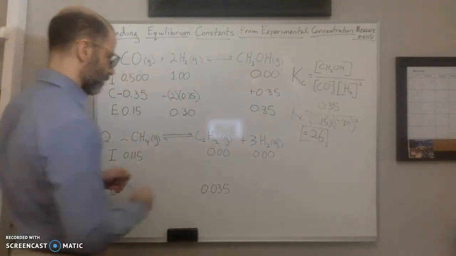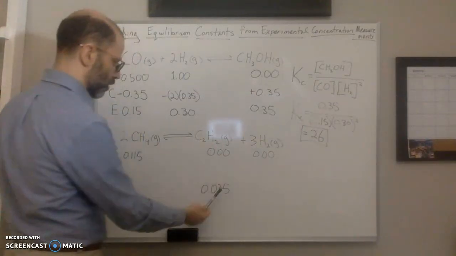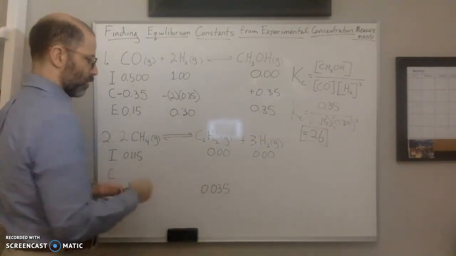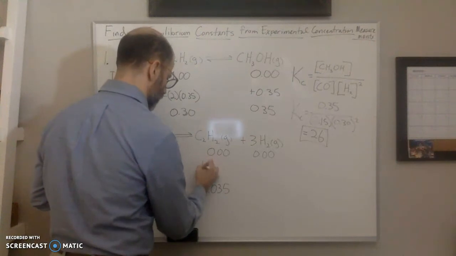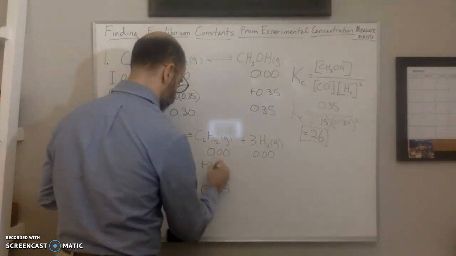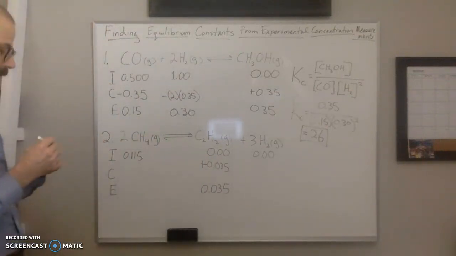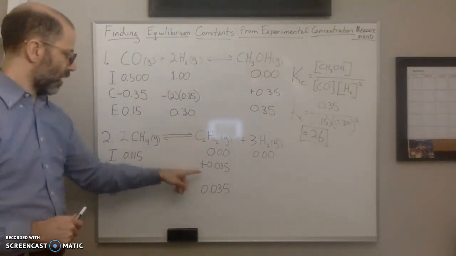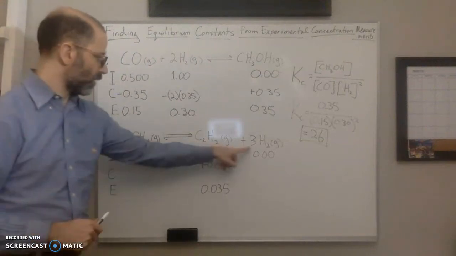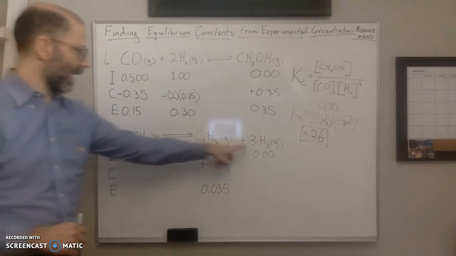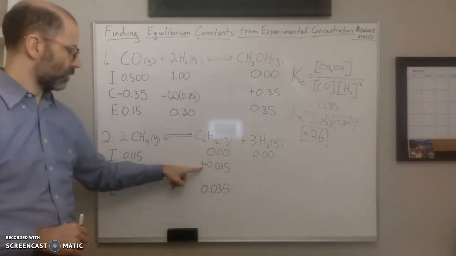So here I went from 0 to 0.035 in my product. So that's a gain of 0.035. Since there's a 1 to 3 ratio here, I'm going to gain 3 times that amount.